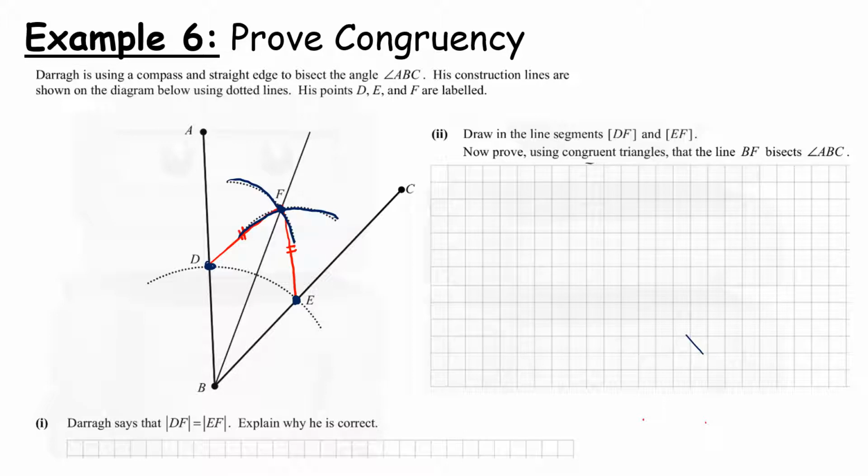Now prove using congruent triangles that the line BF bisects ABC. Really what we're trying to prove is that this angle is the same as this angle. Because if they are equal, that in turn proves that the line BF bisects ABC. They've already given us this huge hint and said using congruent triangles. So we're going to work with two different triangles and prove that they're congruent. The first triangle is BDF, so it's this one here, B to D to F. The second triangle is BEF, the one that comes out here.